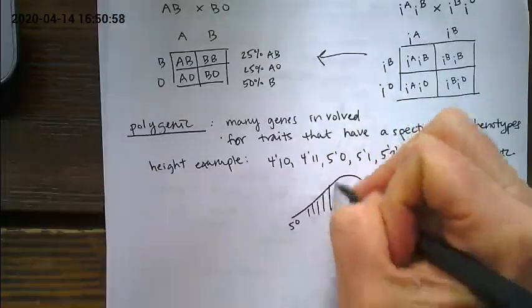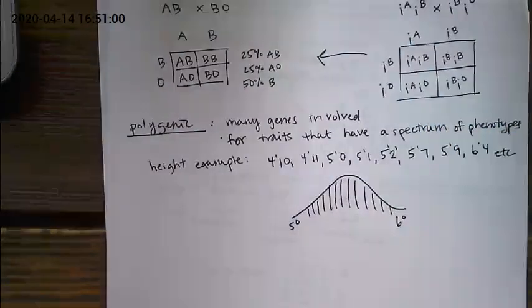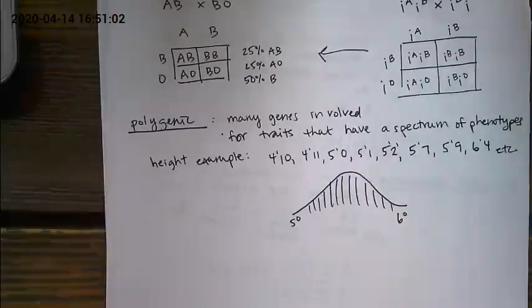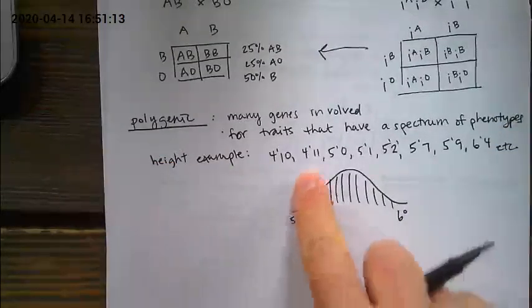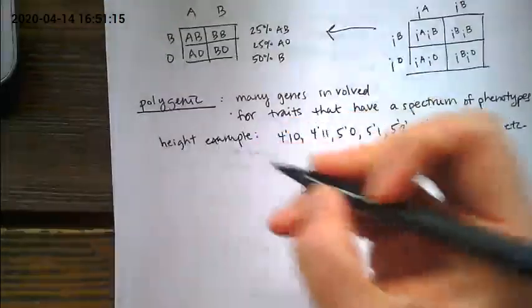So we have all of these different heights. It's not like there's only 3 adult human heights you can be. You can be 5 foot, 5'5", or 6 foot, and that's it. So that's why this is polygenic. It's a whole spectrum.